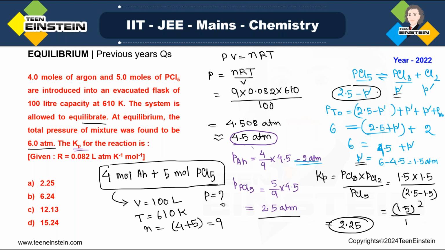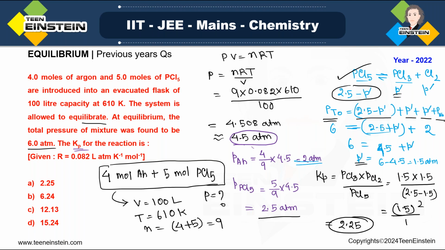Now the third step is that the reaction has started. Once it has started, you have to write this type of expression in blue color. Initially it is 2.5, but when equilibrium is reached, it is 2.5 minus P prime, and same moles, so that is why the pressure terms also will be 1:1, P prime, P prime. Now the total pressure is the pressure of PCl5 after reaction, pressure of PCl3, pressure of chlorine, and also the contribution of argon.